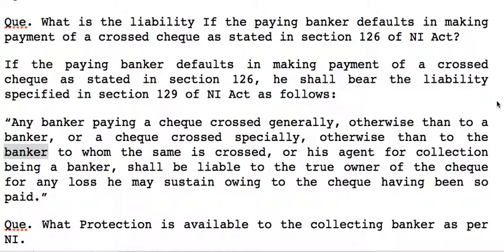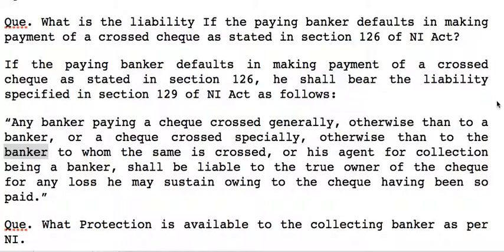So section 129 talks about the liability in case a bank fails to make payment of a check crossed generally or specially in terms of section 126. So section 129 talks of the liability.